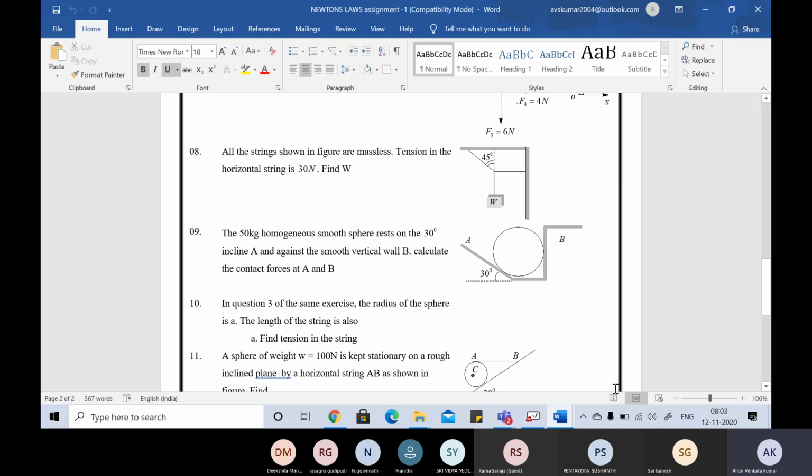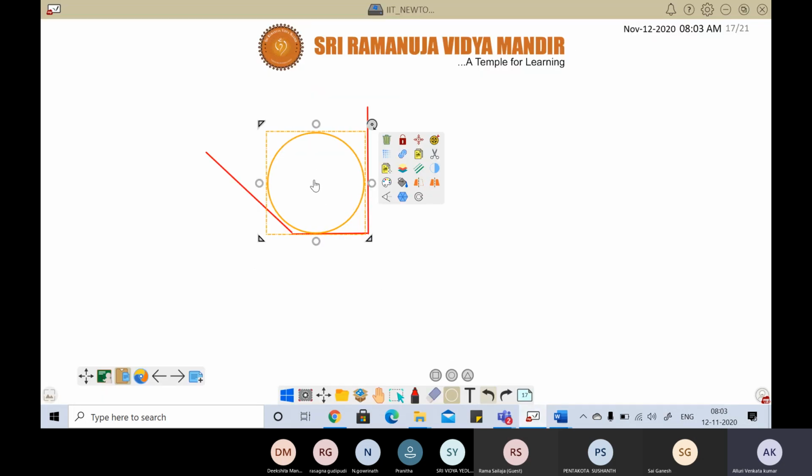Is it correct, like this? Okay, so now let us see. Is it touching the ground or not? It is not touching the ground.